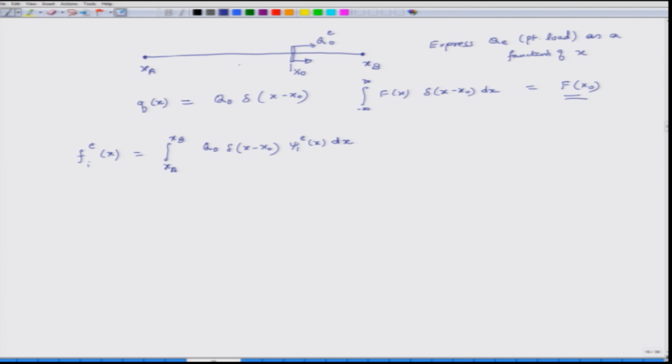So this is the thing, and this means that this value is q naught times psi i, the ith shape function evaluated at x naught.